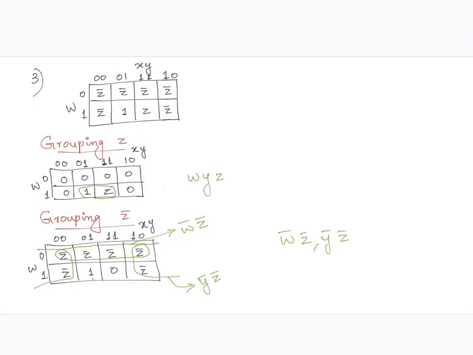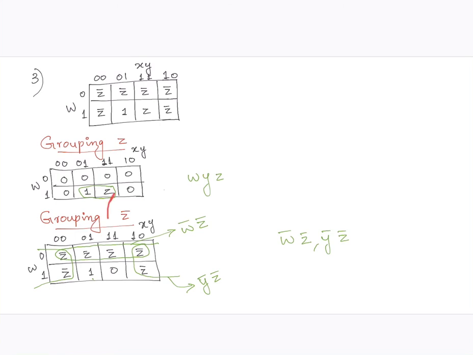Now considering the third problem, another example, you again have grouping of Z elements. You have only one Z element, so consider the rest all equal to 0. Considering that way, we can group 1 and Z. So this will correspond to WYZ. The next step is grouping the Z bar elements by considering the Z element to be 0.